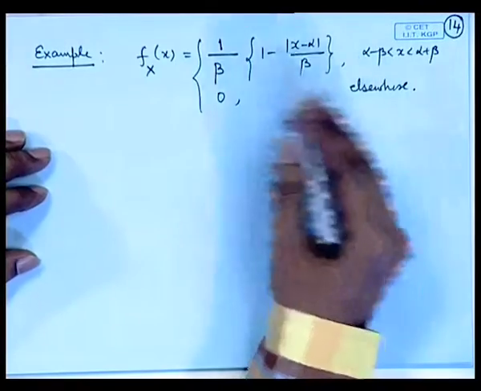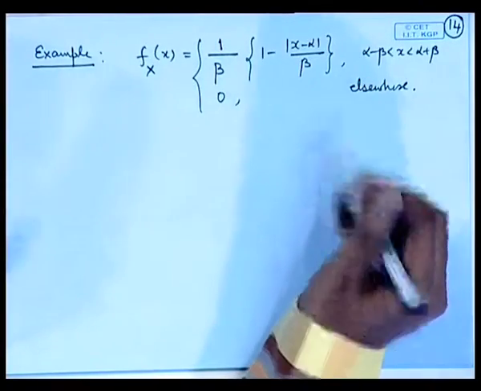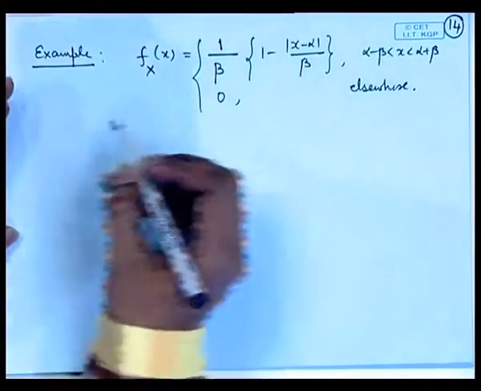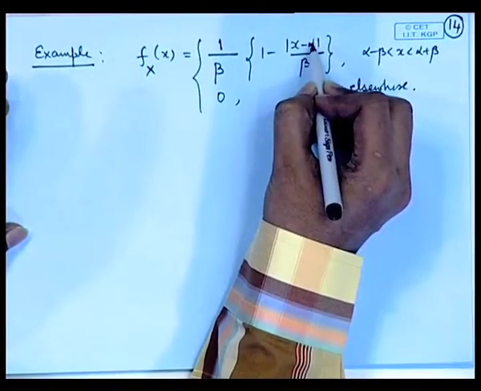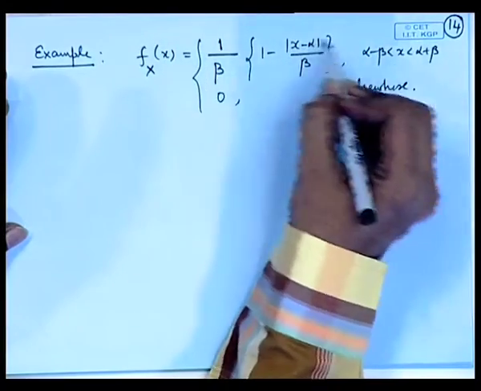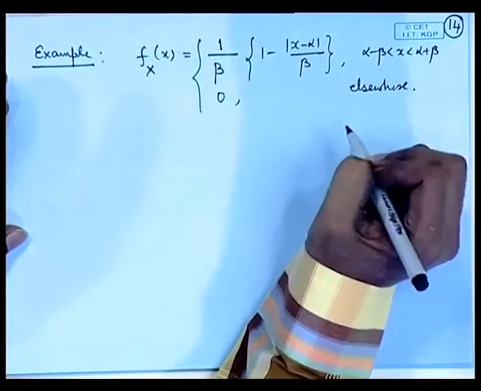We will analyze various properties of this distribution. So, first, what are the values of alpha and beta for which this is a valid probability distribution?